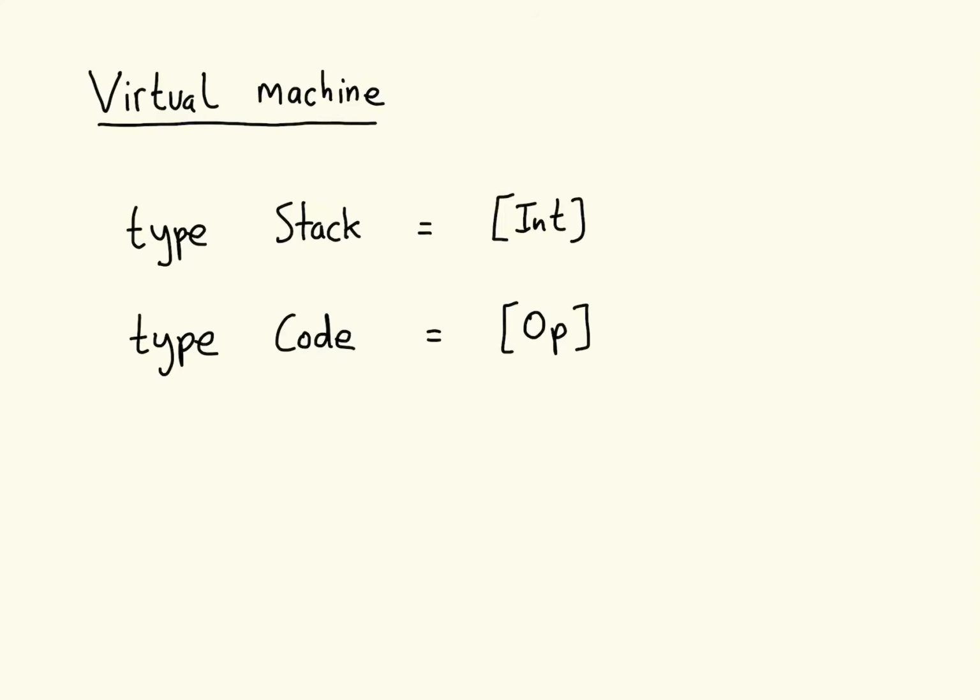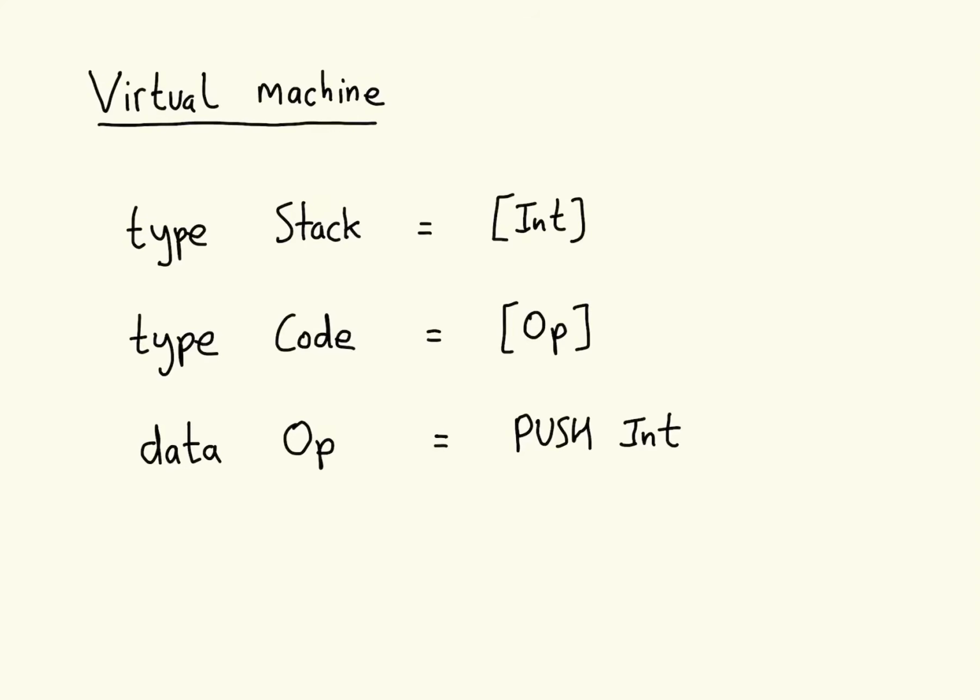And then the final component of the machine, we're going to have a data type for operations. And these will operate on the stack. And it turns out for this simple source language that comprises integers and addition, all we're going to need is two basic operations. So we're going to need an operation called push, and it takes an integer parameter.